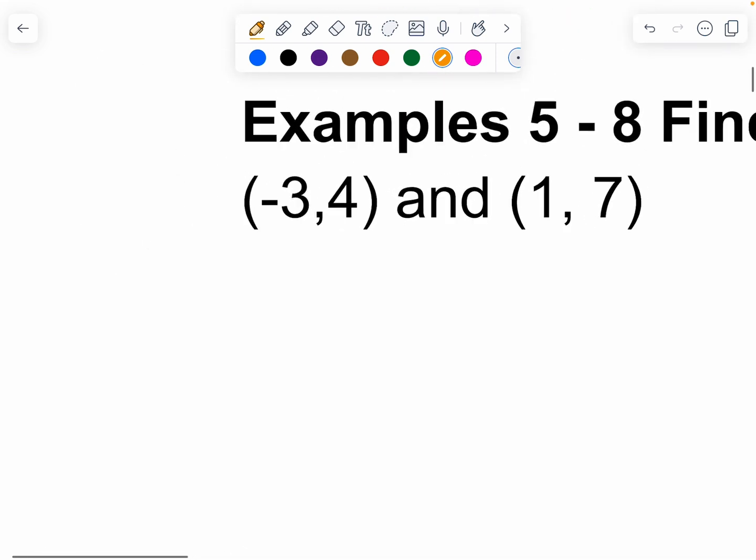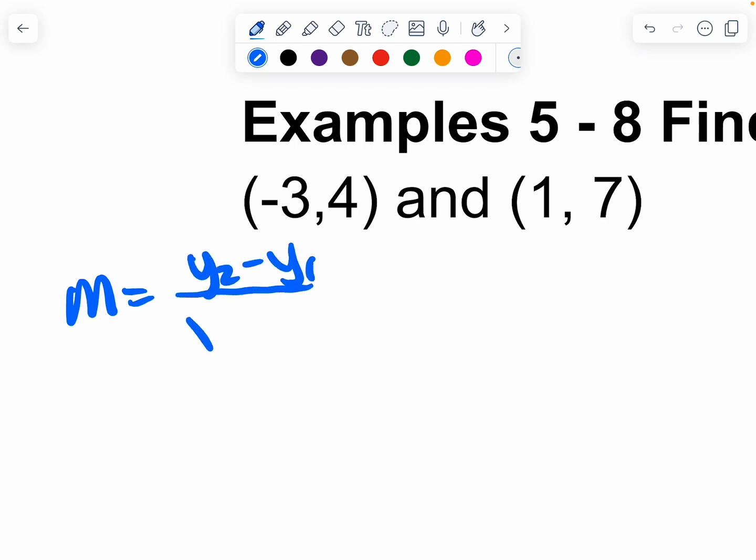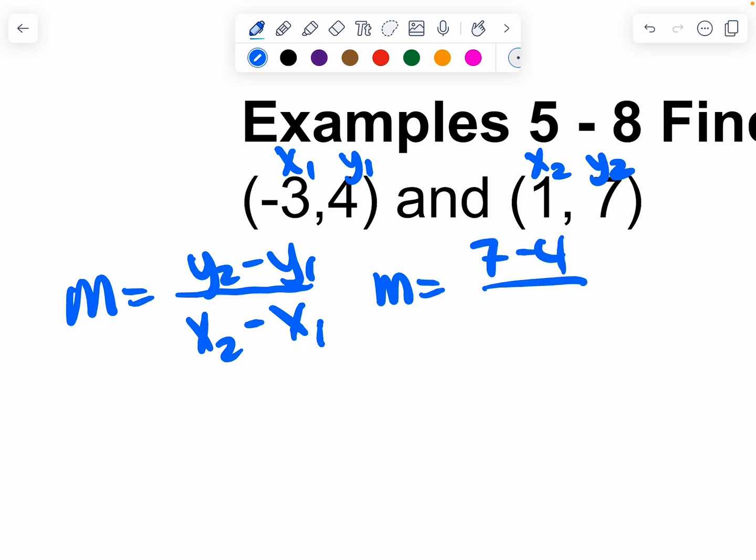So the slope equals y2 minus y1 over x2 minus x1. Now, if you want to write x1, y1, x2, y2, that's perfectly fine. So I subtract 7 minus 4 over 1 minus negative 3. I get 3 over 4.